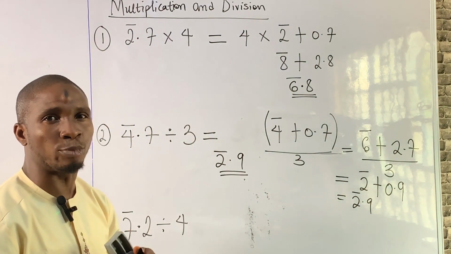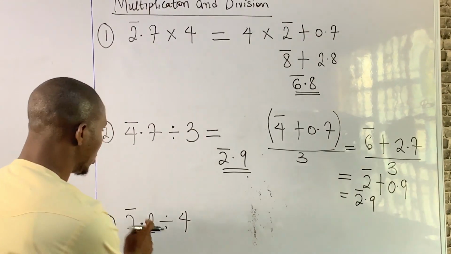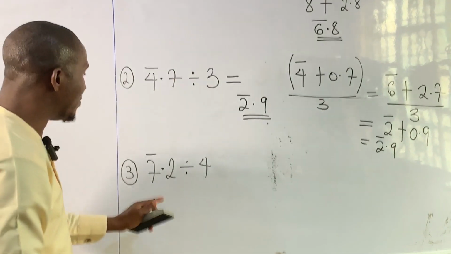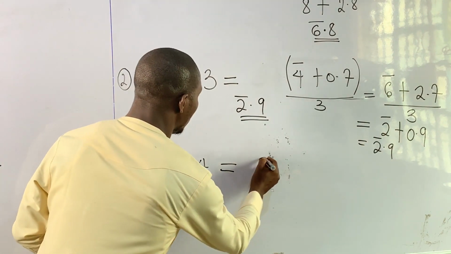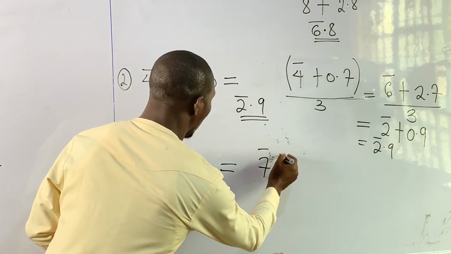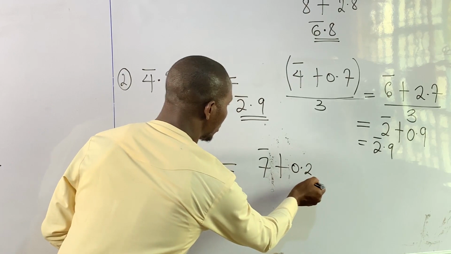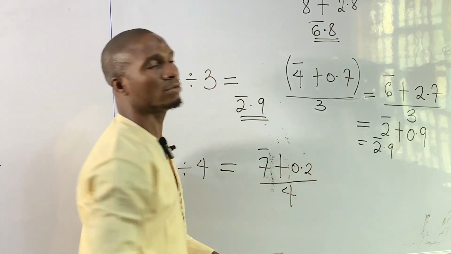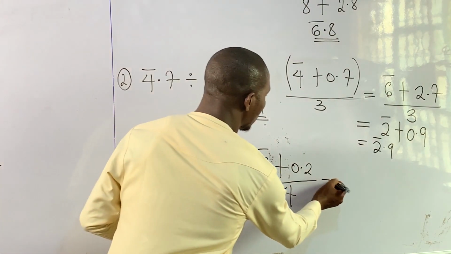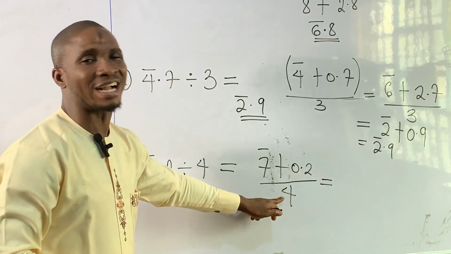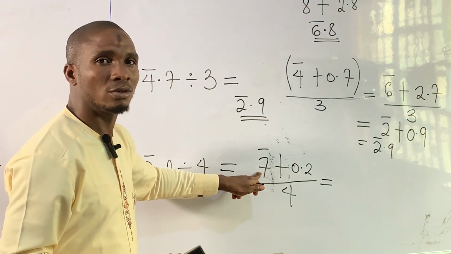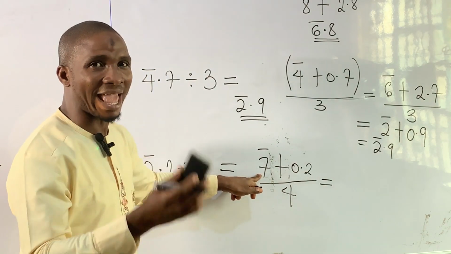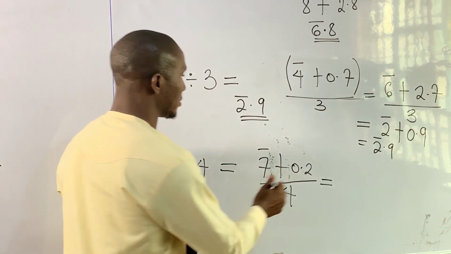Let's look at another example on division. Look at this. We want to divide bar 7.2 divided by 4. That is bar 7 plus 0.2 divided by 4. So let's look at this again. 7 is not a factor of 4. So you move 7 to the next factor of 4. The next factor of 4 will be what? 8. So move 7 to 8.